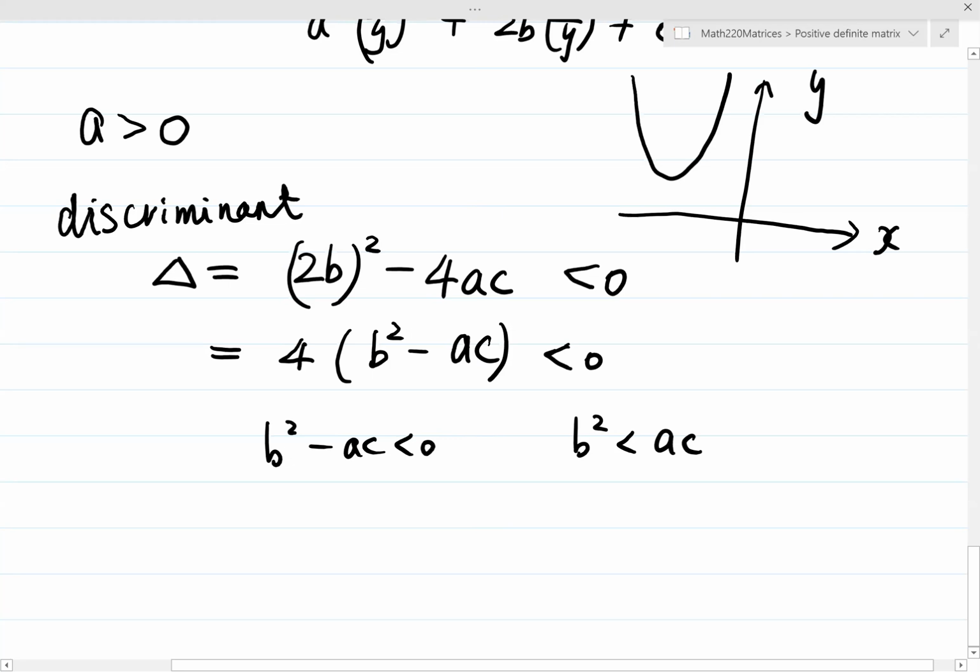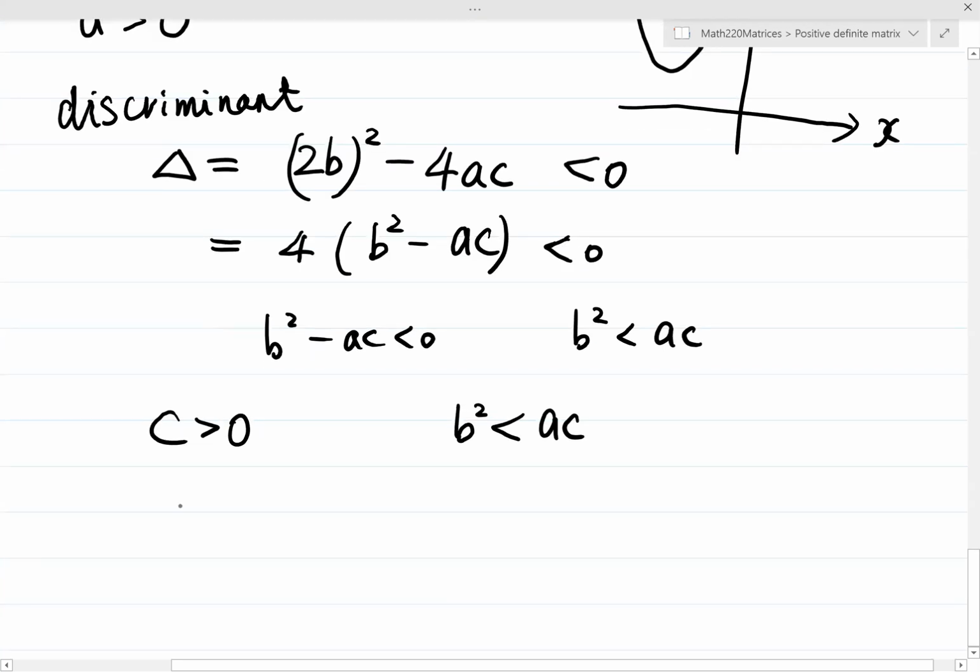Okay, so if you assume that x is non-zero, then what we do is we flip a with c. So you get c greater than 0, and b squared less than ac, switching c and a, so we still get ac. So the condition that c is greater than 0 can be deduced from this condition.